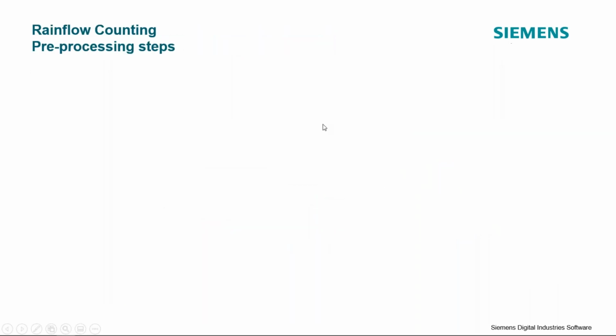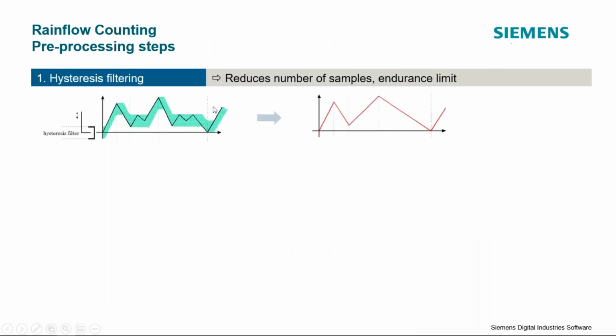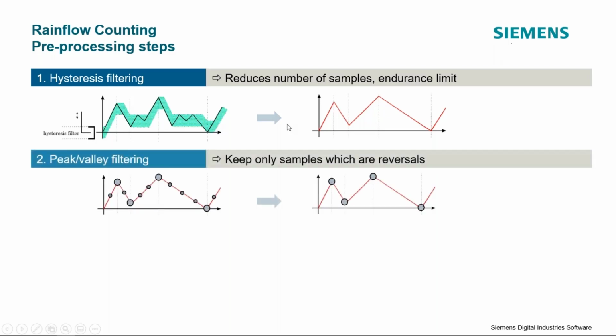So let's talk a little bit about how rain flow counting works. So the input is a load time history, and we perform a number of pre-processing steps to remove unneeded or unnecessary data in our signal. So we do some hysteresis filtering. The purpose of that is to remove any cycles that do not cause damage. So anything that is small enough to not cause damage gets removed.